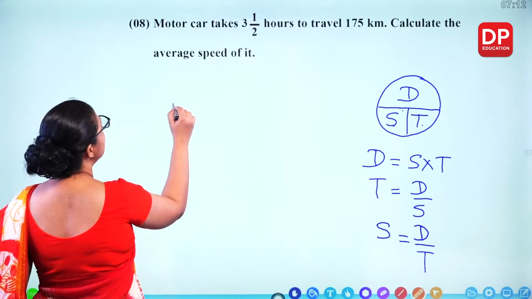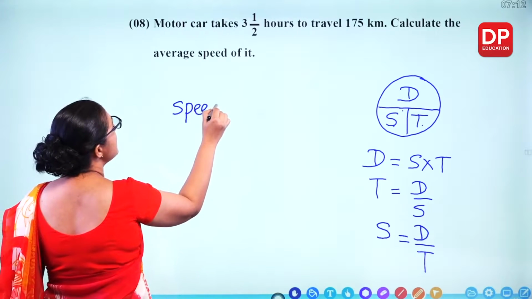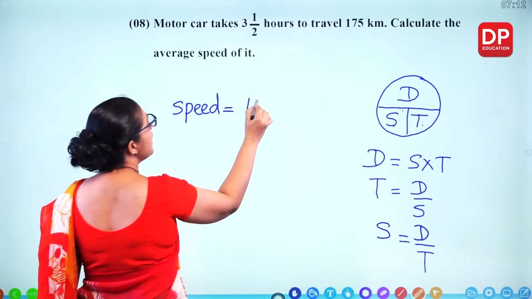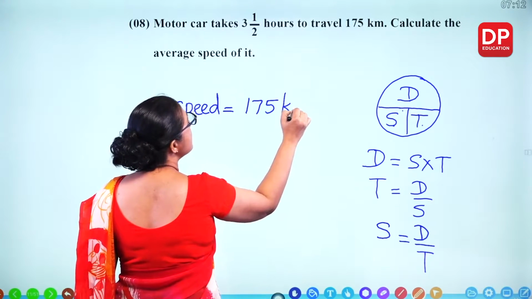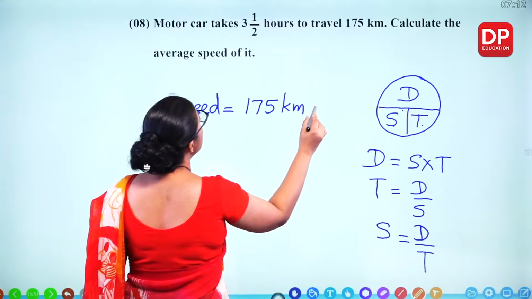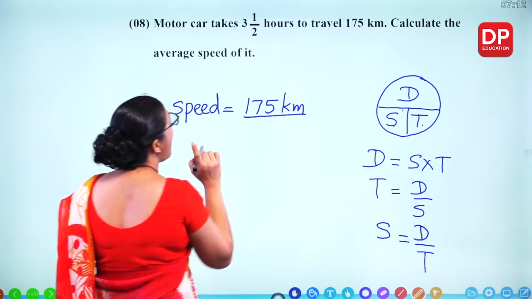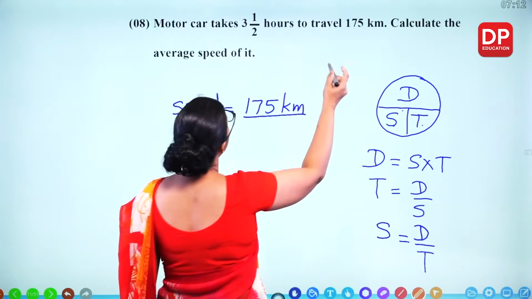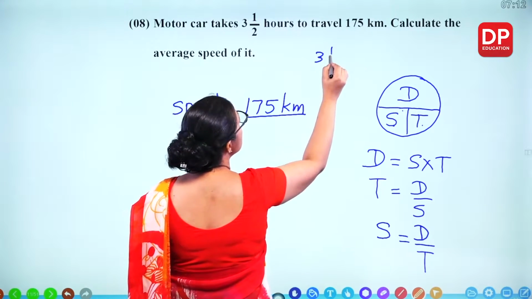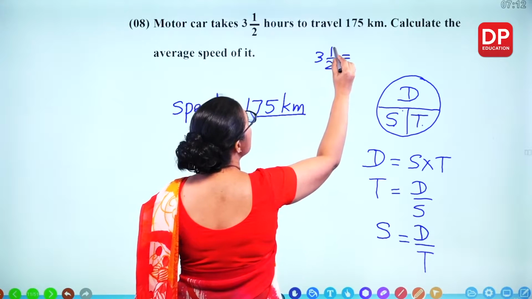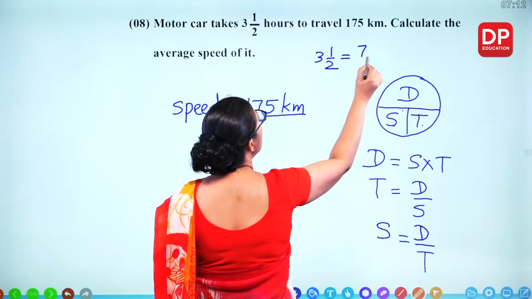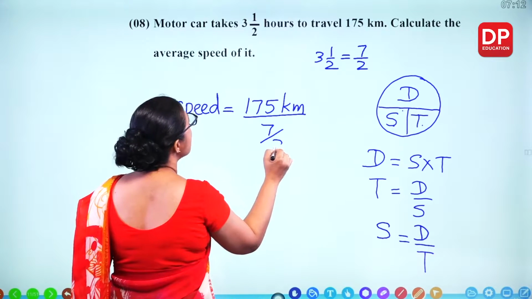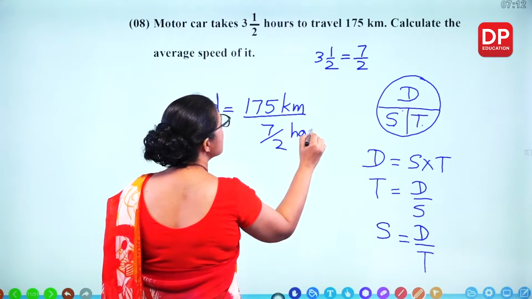Now, you need speed. So, speed is equal to distance, 175 kilometers, over time, 3.5. I can write 3.5 as 2 times 3, 6, and add 1, 7 over 2, improper fraction. So, I can divide by 7 over 2 hours.